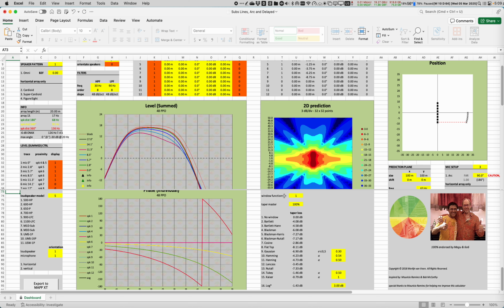Okay, so the window functions that Merlin includes: you can see no window, that is also called rectangular, and then you have Bartlett, Bartlett-Hann, Blackman, Blackman-Harris, Blackman-Nuttall, Flat top, Gaussian, Hamming.